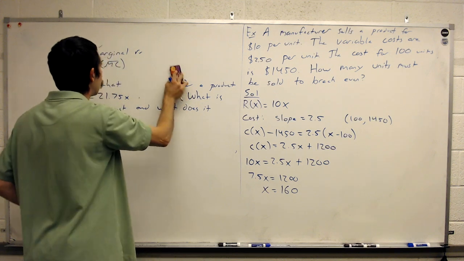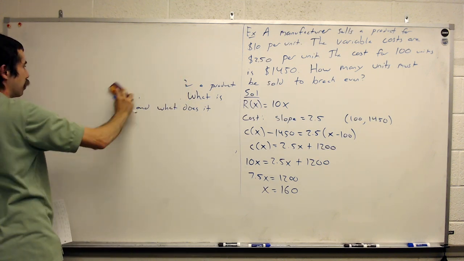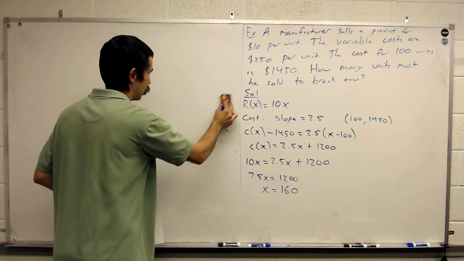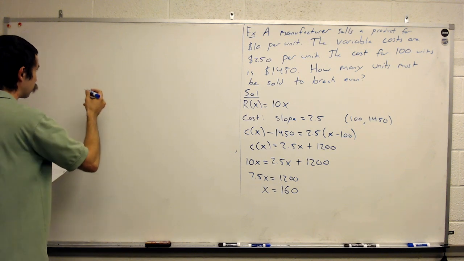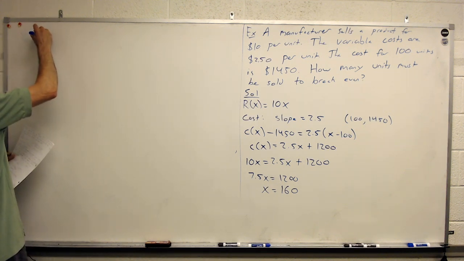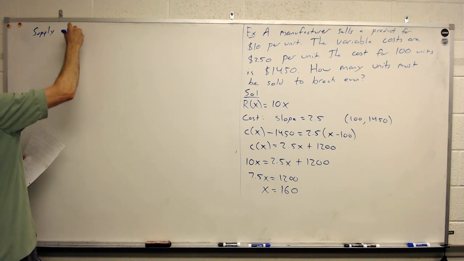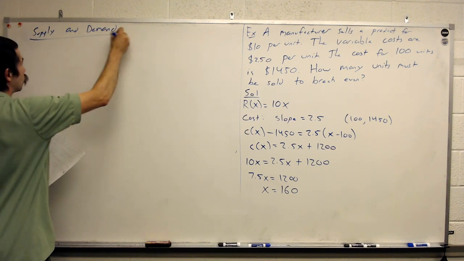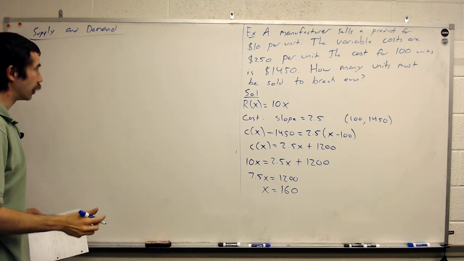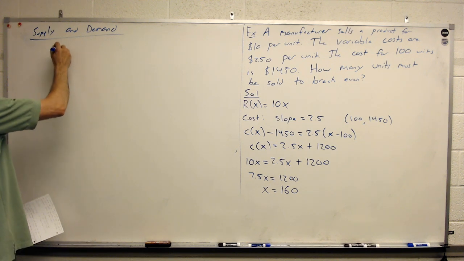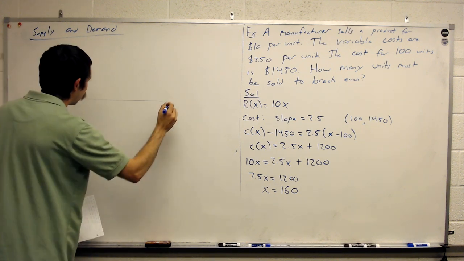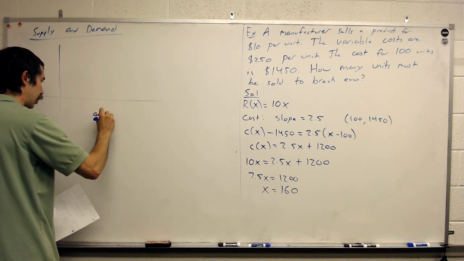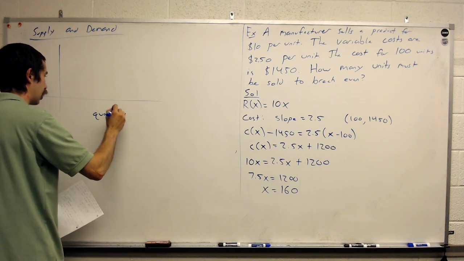So let's now talk about supply and demand. Basically, we're going to have a quantity axis and a price axis.